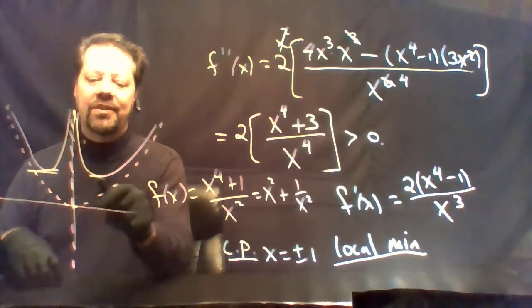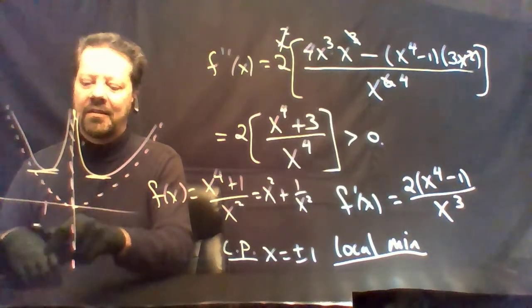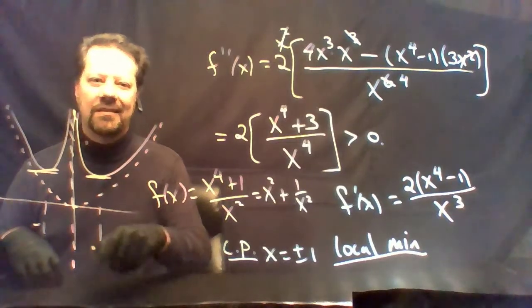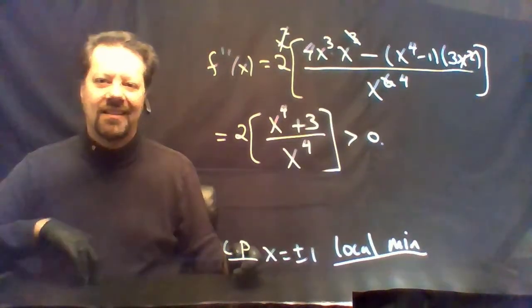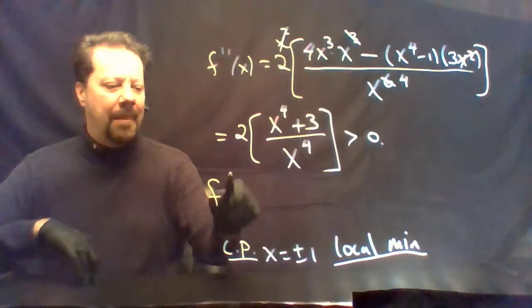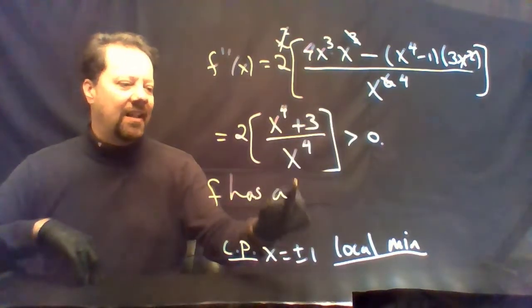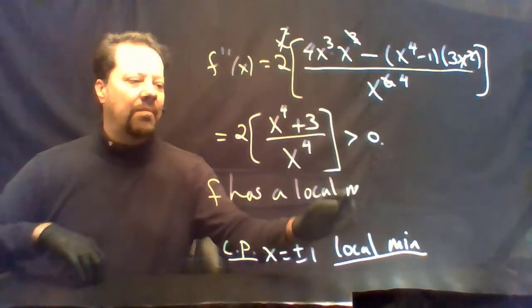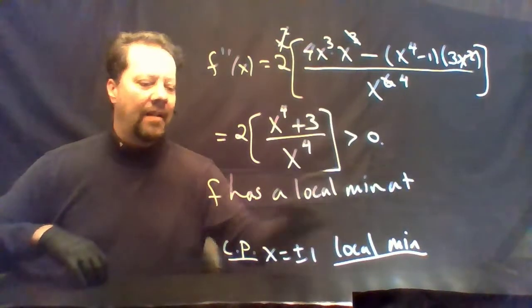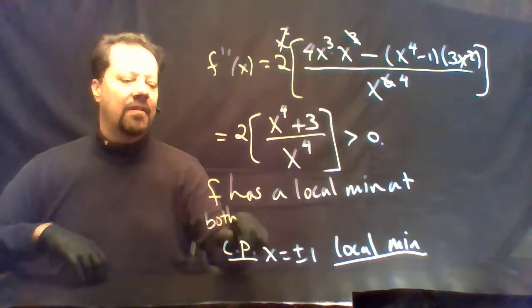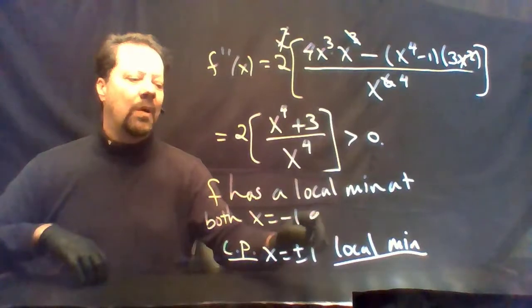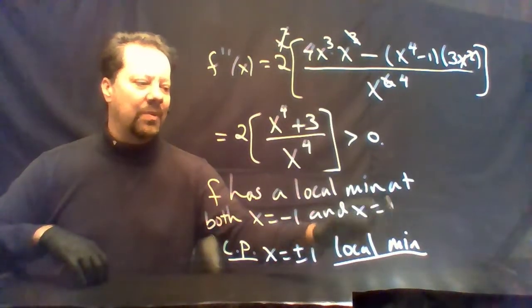The location of these two minima are at minus 1 and 1, as we have seen. Stating our answer, f has a local min at both x equals minus 1 and x equals 1.